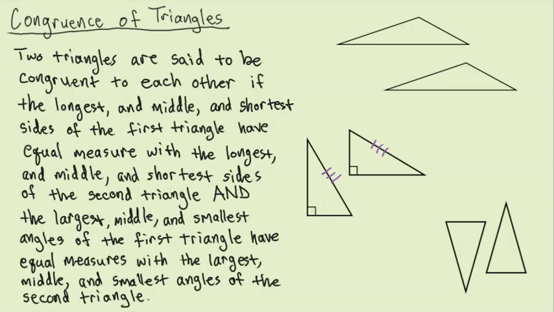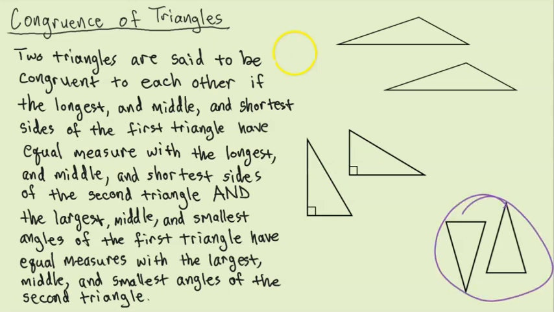It would be the exact same measure. And you can already see that they both have a right angle, and this middle angle here would be the same measure as this middle angle here. Okay? So two triangles are congruent if all of the measures of their sides and all of the measures of their angles are exactly the same.